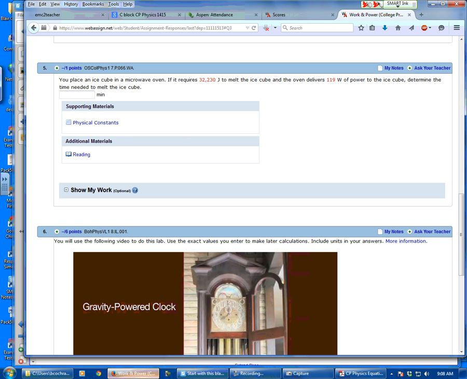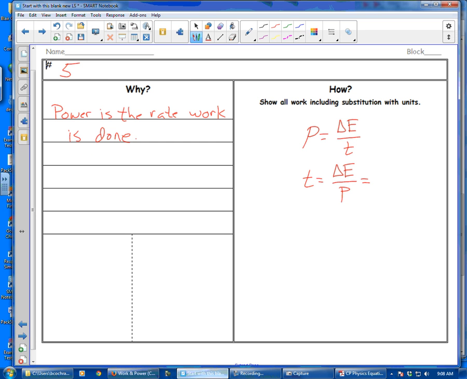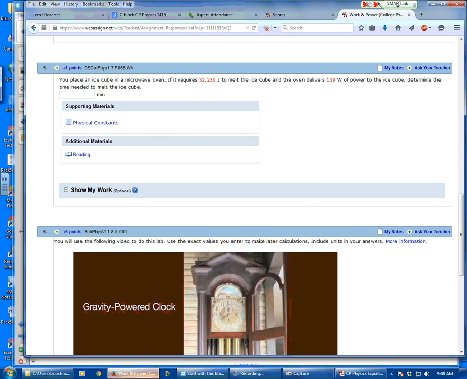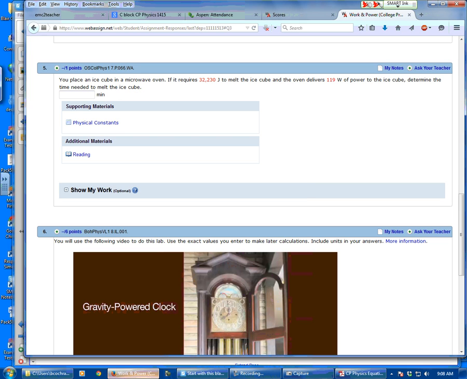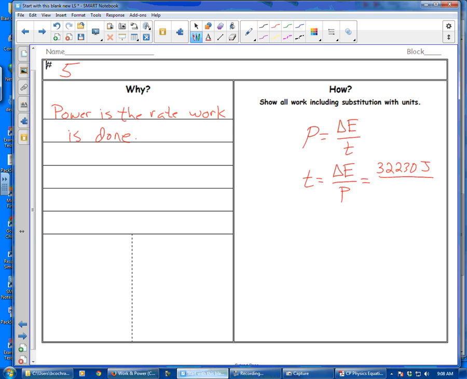Substitute in my values: 32,230 joules of energy. The power I'm told for mine is 119 watts, which remember is a joule per second.